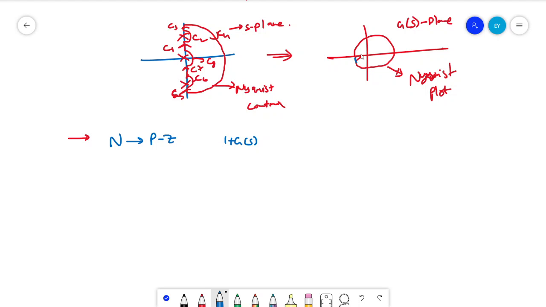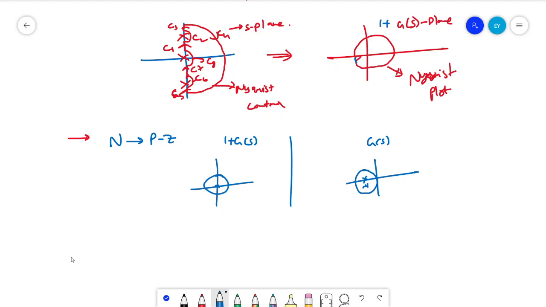If you have the g of s plane, we will be estimating with the critical point, that is minus 1 plus j0. If it is 1 plus g of s, we'll be estimating with respect to the origin, and if it is g of s, we'll be estimating with respect to minus 1, this point.